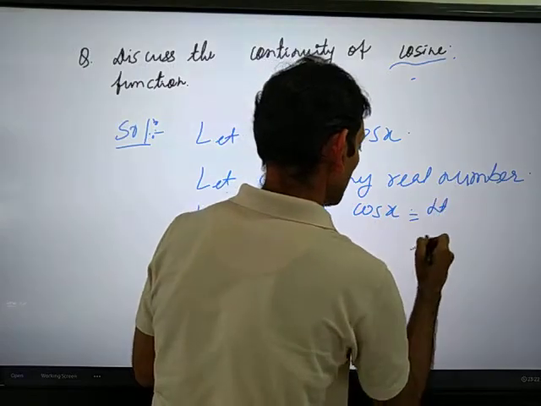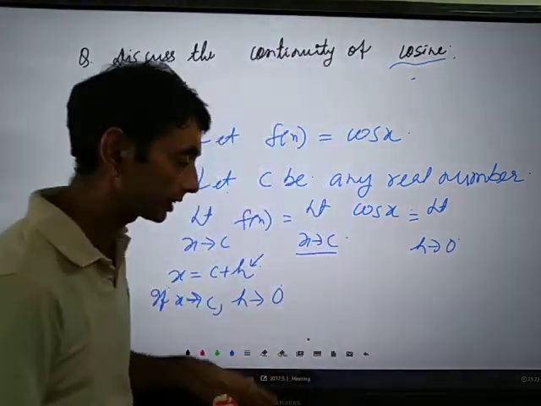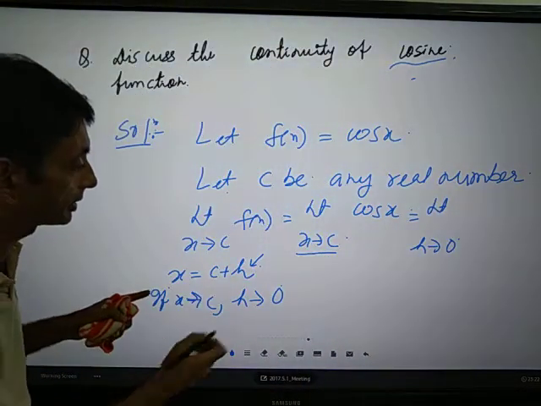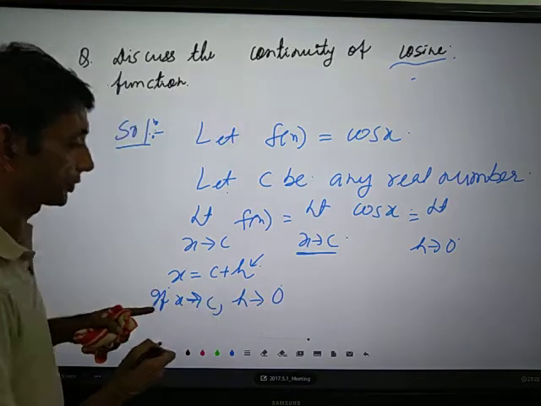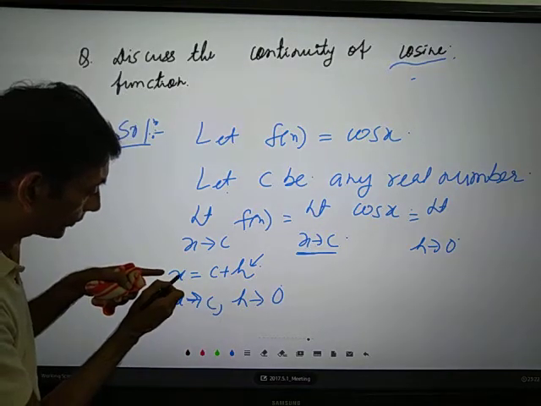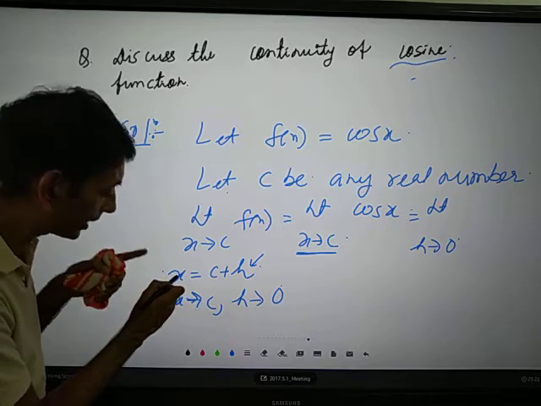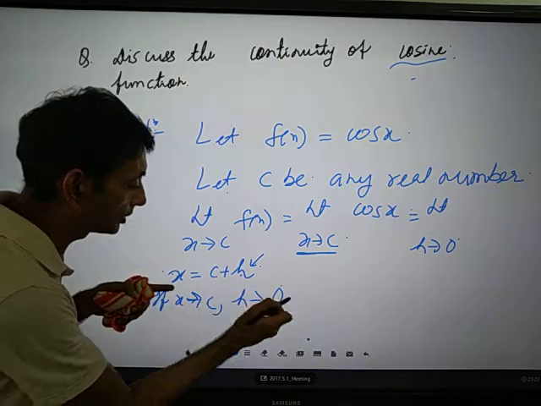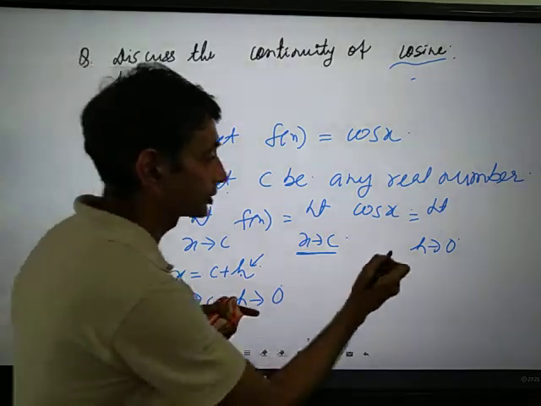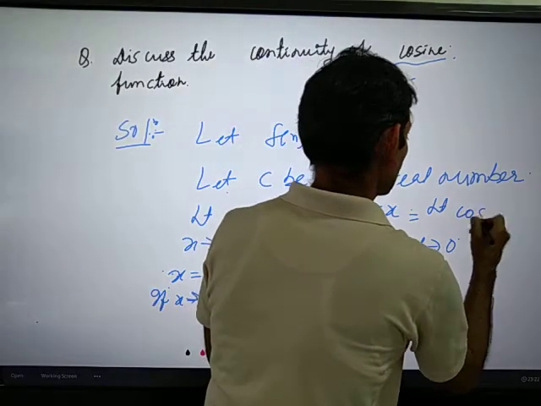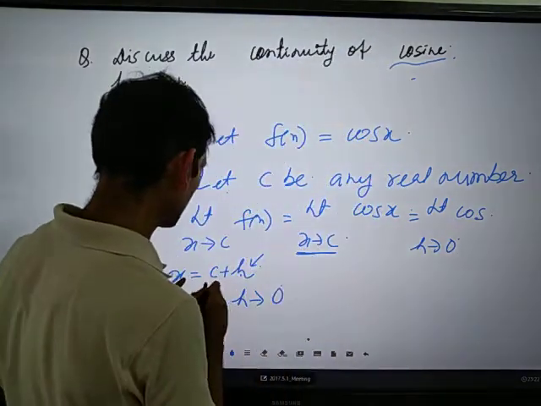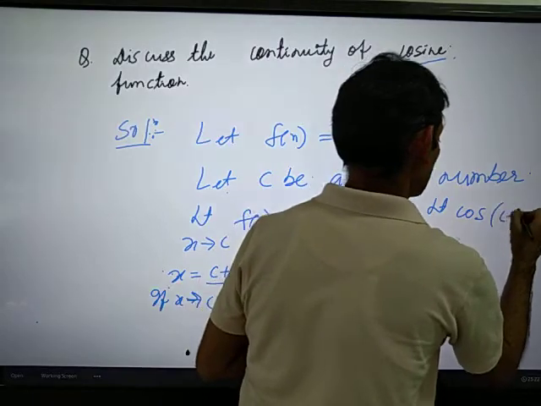So limit h approaches 0. Let me repeat this: x you are assuming as c plus h. Now if x is very, very close to c, then h obviously approaches 0. And in cos, we'll replace the value of x, which is c plus h.